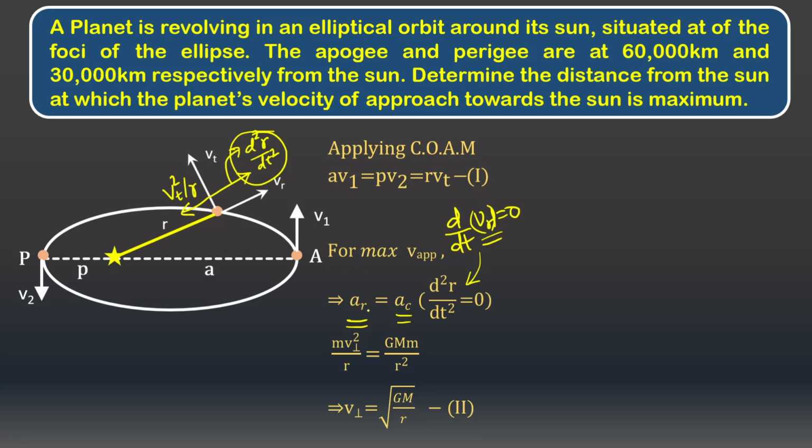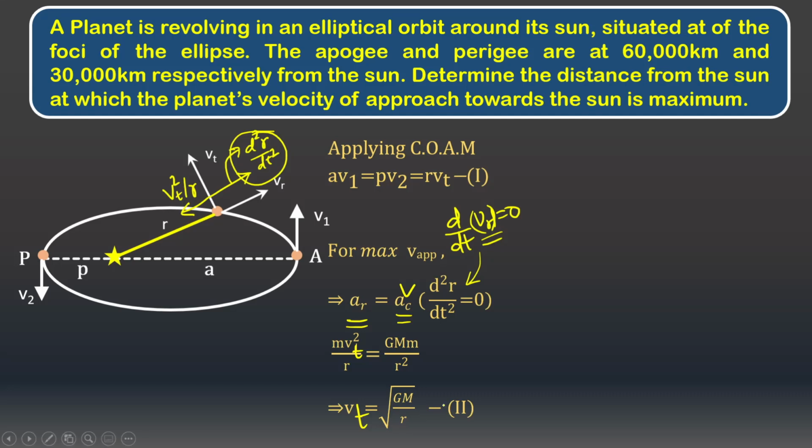So basically the net acceleration of this planet is going to be the centripetal acceleration, that is v_t²/r. So we can think that all the centripetal force, that is m v perpendicular square by r, where this v perpendicular is basically the tangential velocity v_t, is going to be the gravitational force. So we get the value of v_t from here.